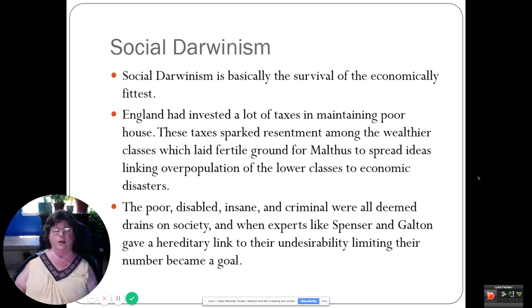So again, the poor, the disabled, the insane, the criminal were all deemed drains on societies. And when experts like Spencer and Galton gave a hereditary link to their undesirability, limiting their numbers became a goal. And does this sound kind of familiar? It should.